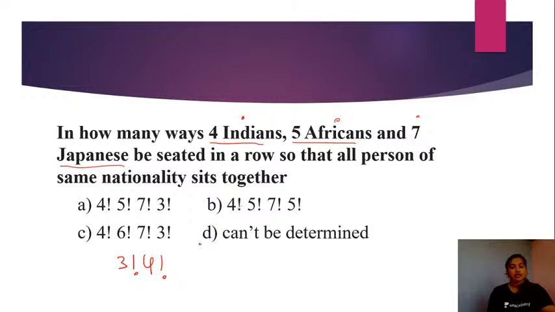Similarly, the 5 Africans could be arranged in 5 factorial ways and the 7 Japanese could be arranged in 7 factorial ways. Yes, so the right answer here in this case would be 3 factorial into 4 factorial into 5 factorial into 7 factorial. So the right answer for this question is option A. So this is a basic question from the permutation.